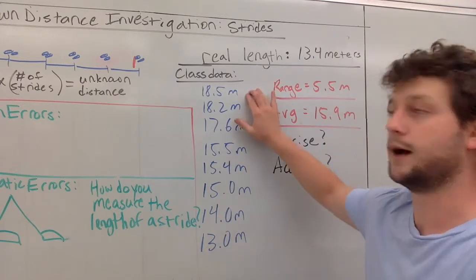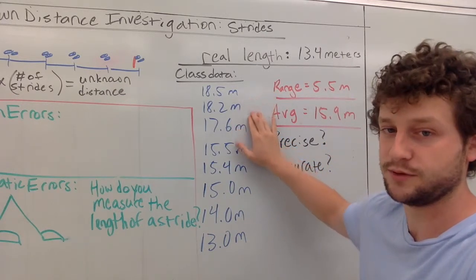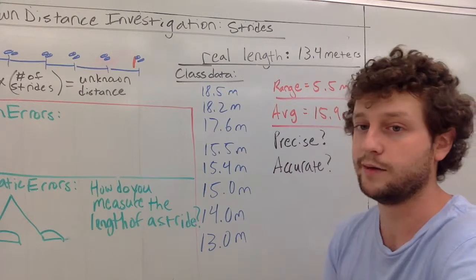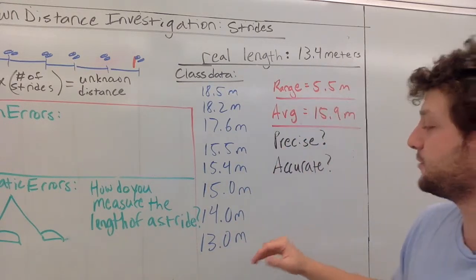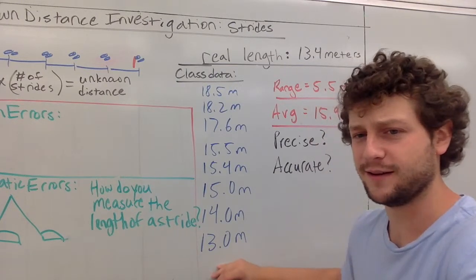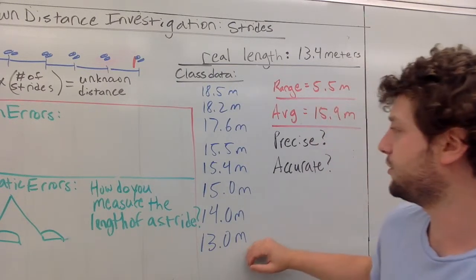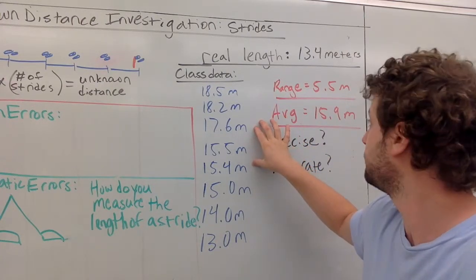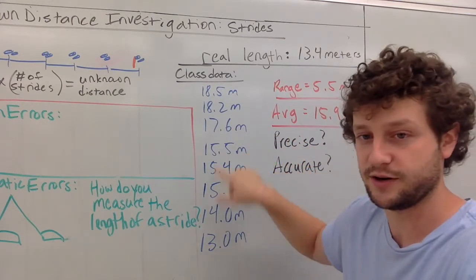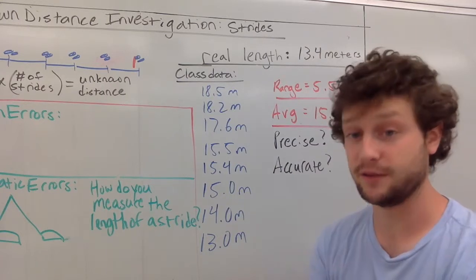One was way high, 18.5, 18.2, 17.6. They're a little above the actual length out there, whereas maybe there was only one below it. But generally, the average fell somewhere in the 15 range, which is greater than the real length.